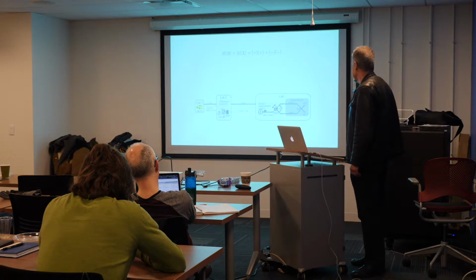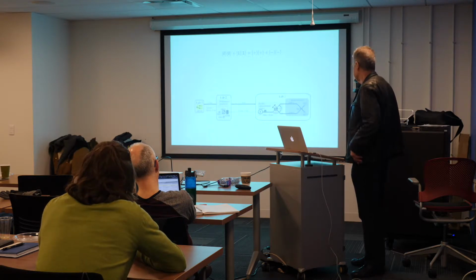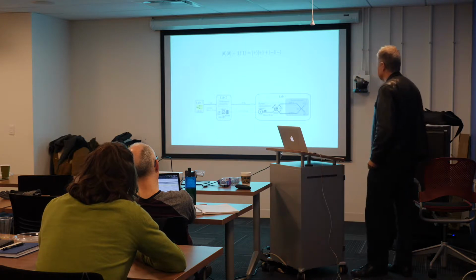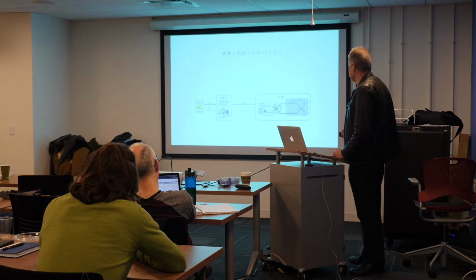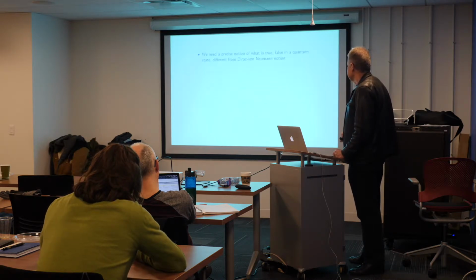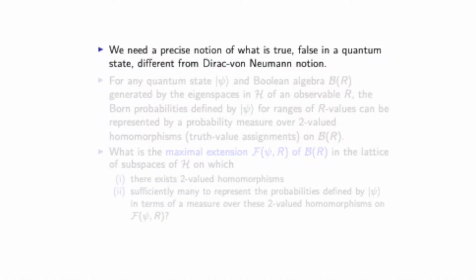And you want to say something else over here. So that's another reason why one might want to come up with a different notion of what's determinative in quantum mechanics given a quantum state. So I want a more precise notion of what's true and what's false in a quantum state, different from Dirac and von Neumann.